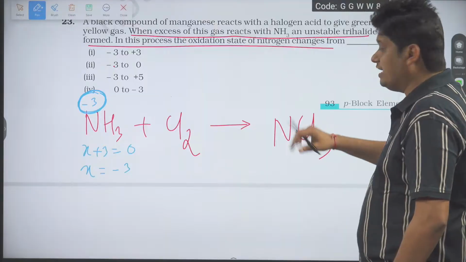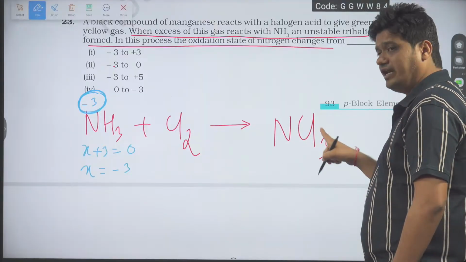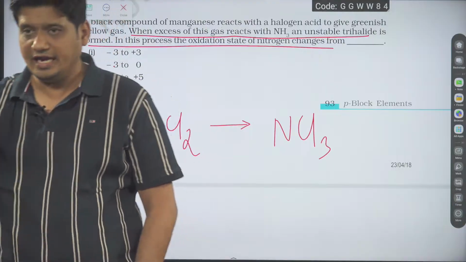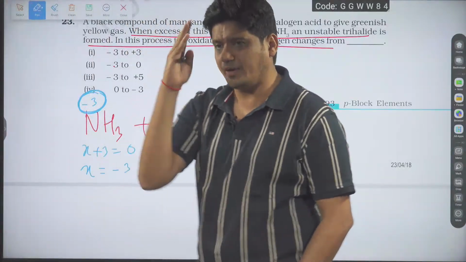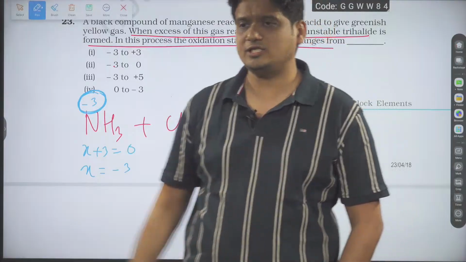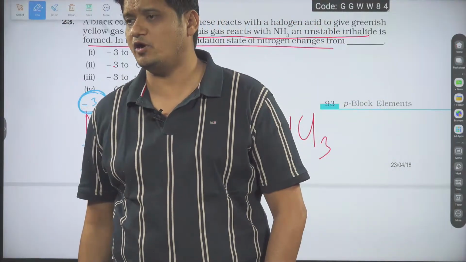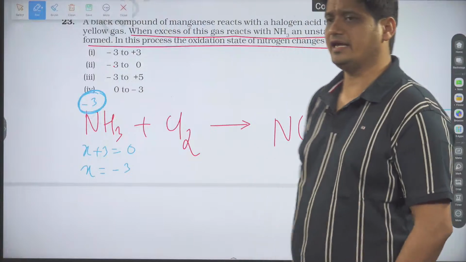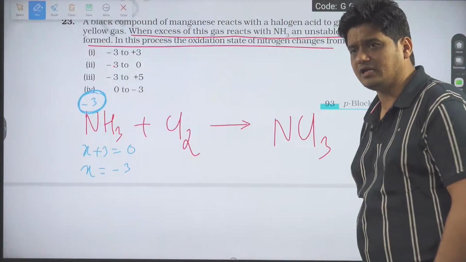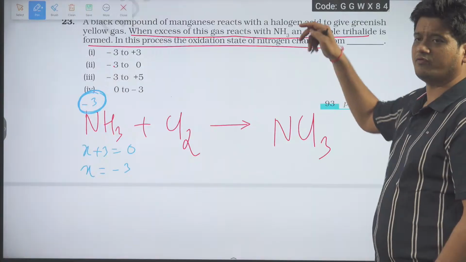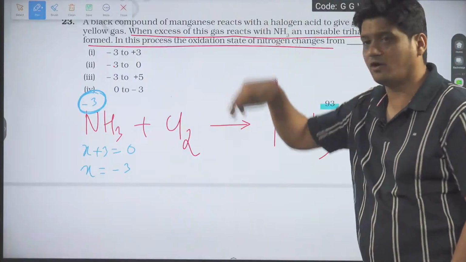If you are thinking that EN of nitrogen and chlorine are exactly equal, let's say you're not knowing the concept, or let's say you mug up the data of NCERT periodic table only, you didn't follow the concept, then you will say, sir, N and Cl have same EN, so since they have same electronegativity, oxidation state of nitrogen is 0, and you will take second option.